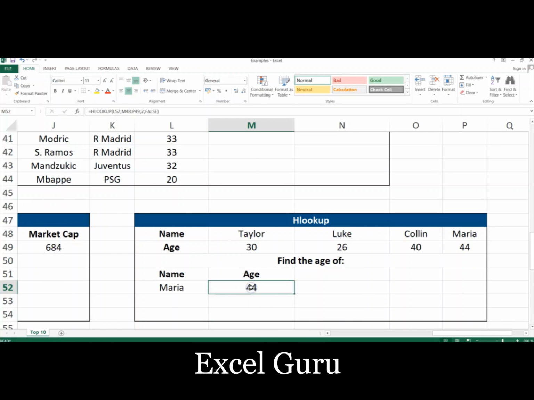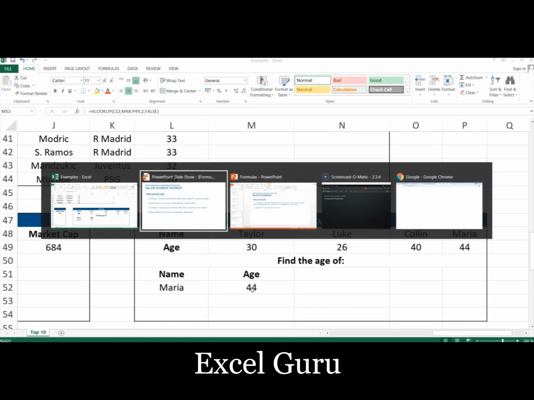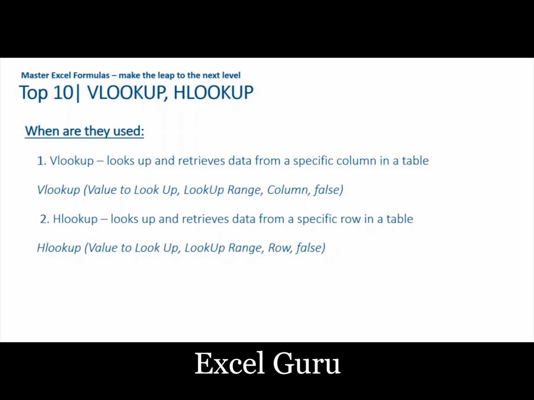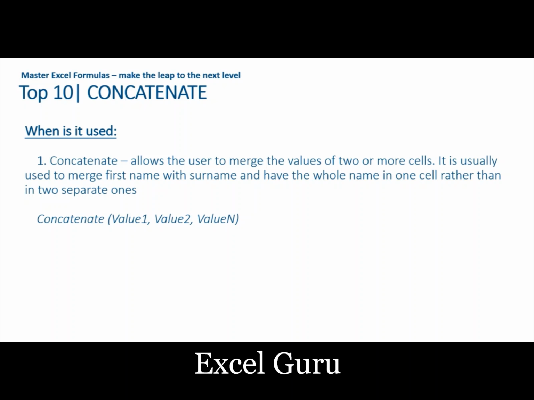Okay, now going back to the presentation, after this group of formulas we have concatenate, and this is another very frequently used formula. What it does is basically allow the user to merge the values of two cells in one cell, or more than two cells obviously, as you can see from the structure of the formula here.